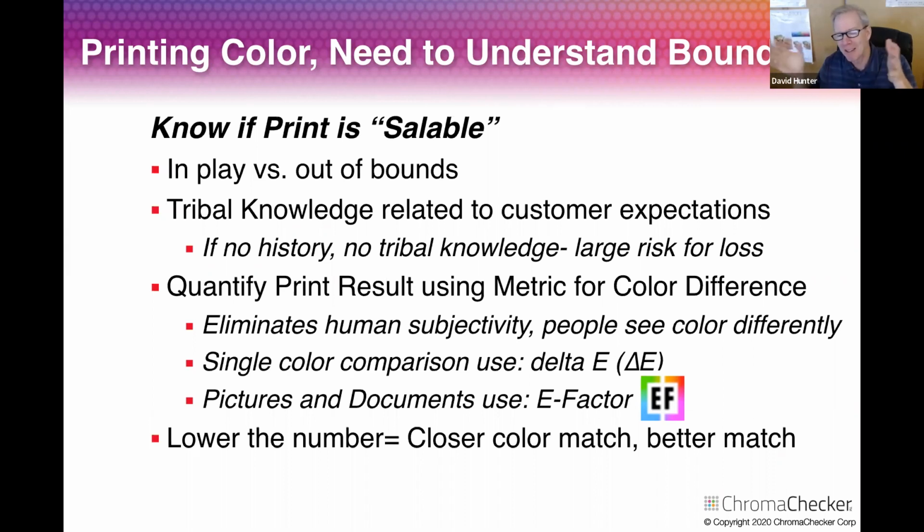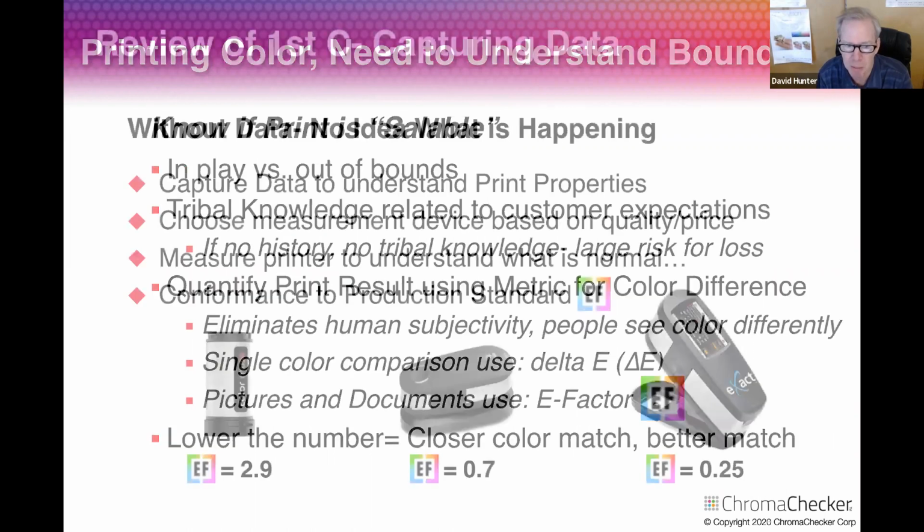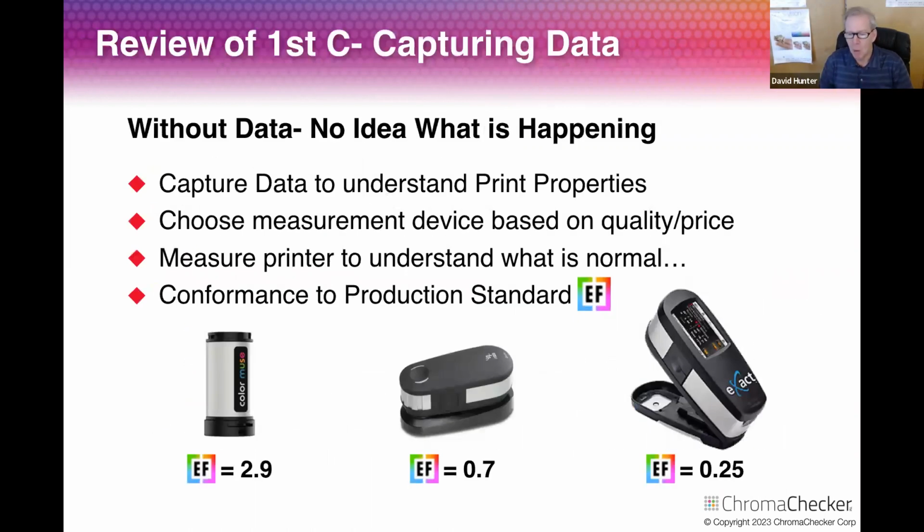So this now gives us a really good indication of how well our printers are matching to one another based on typical print buyers' expectations. And it really helps us set the in play versus out of bounds to determine whether or not what I'm printing is reasonable.